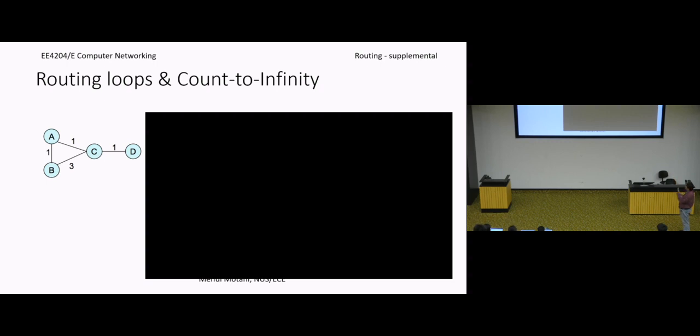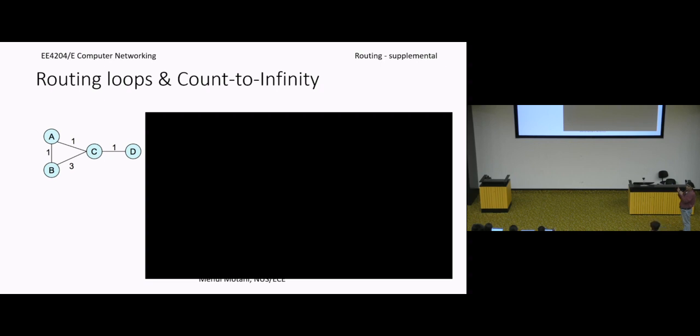So it will say, okay, I have a route of cost 1 to A, so whatever cost A has to D, I can just piggyback onto that. And it will then update its cost.